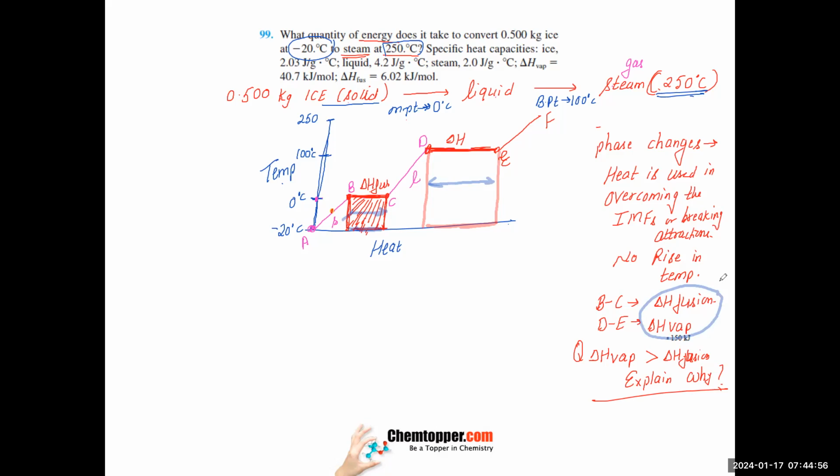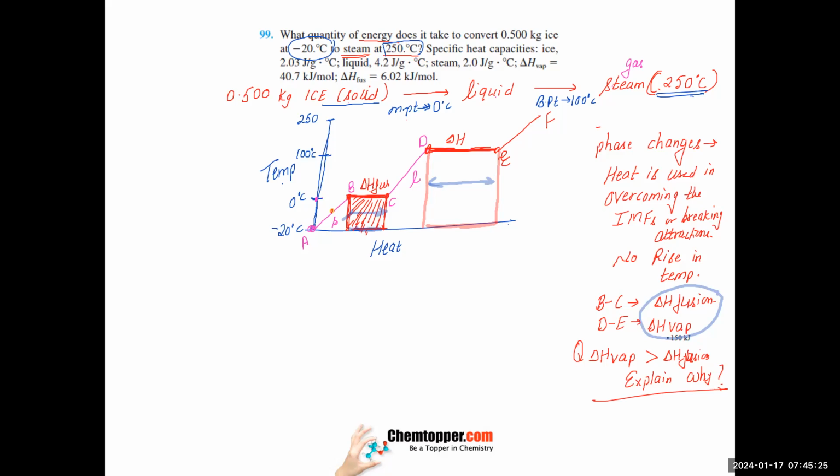Because in gases, we have negligible IMFs. We have to overcome all IMFs. We have to break all the IMFs as we go from liquid to gas. But solid to liquid, what are we doing?